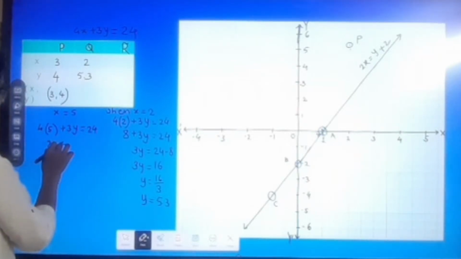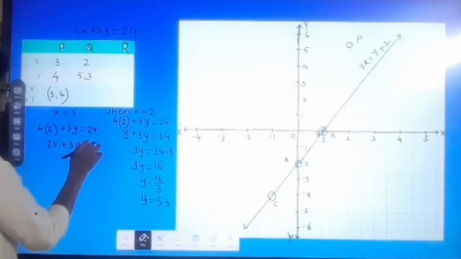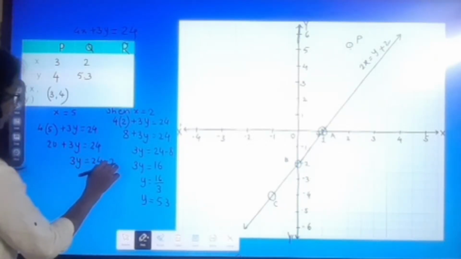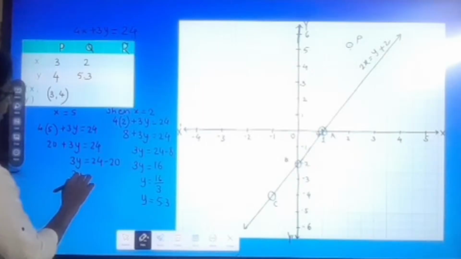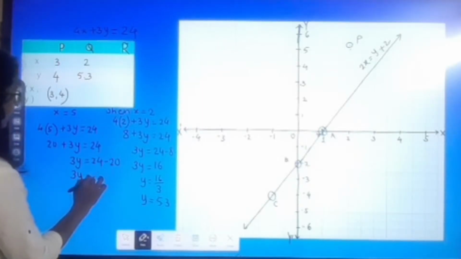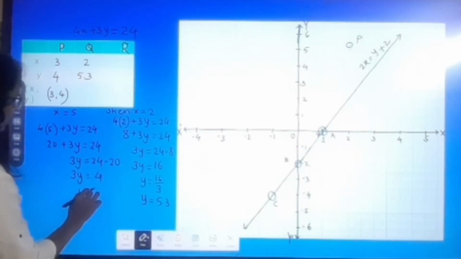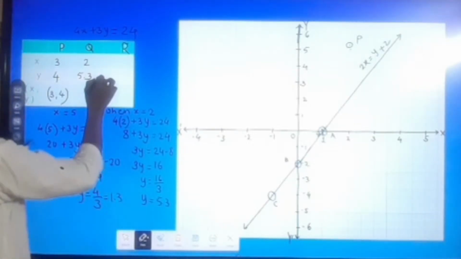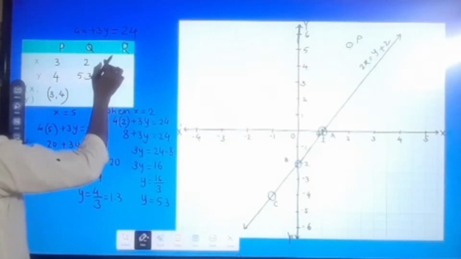So 20 plus 3y is equal to 24. So 3y is equal to 24 minus 20. So 3y is equal to 4. So here students, y is equal to 4 upon 3. So that means 1.3, for the value of 5.